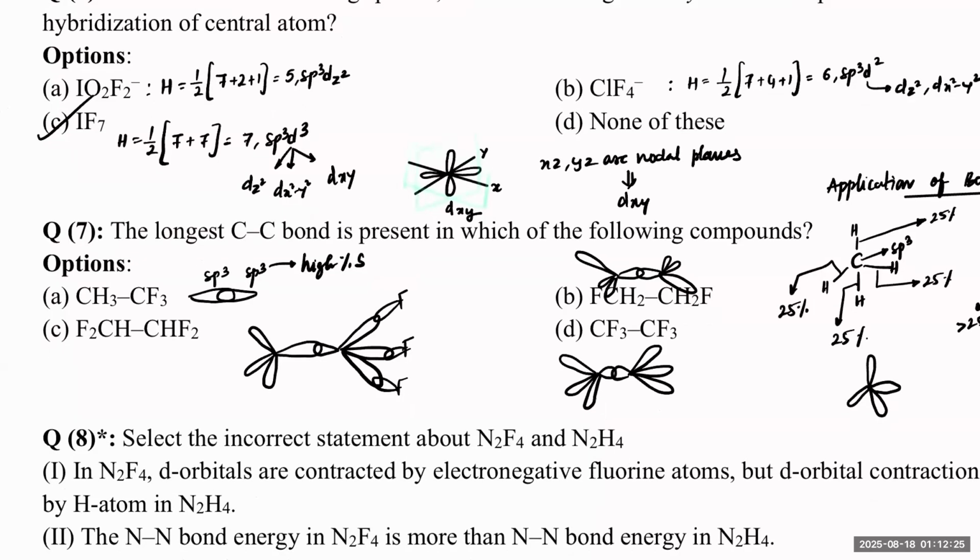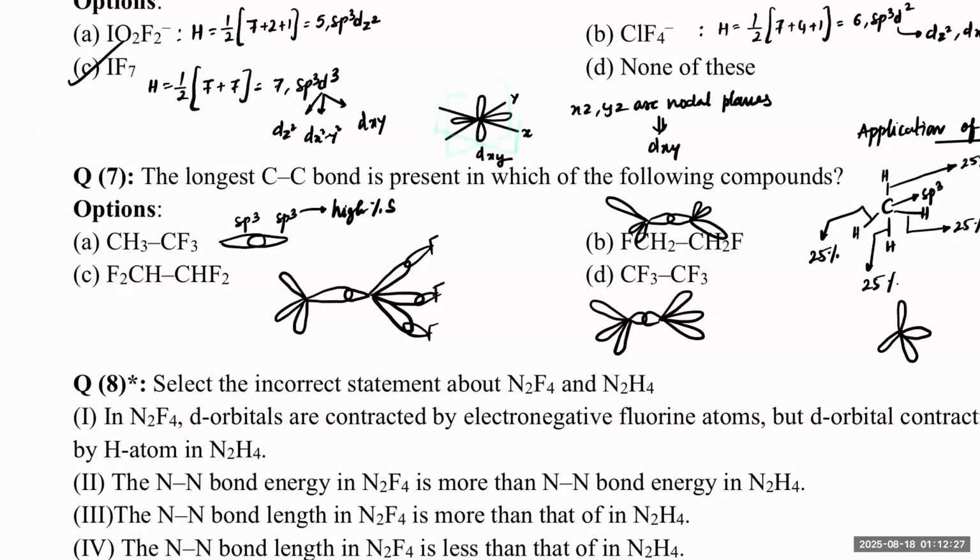So from the given examples, which one do you think will be more correct? Now notice this one. Here the drag is too much. All three fluorines are coming. So ये बहुत छोटा हो जाएगा. Here at least one fluorine is here, one fluorine is here. इसकी वजह से drag is not that high.